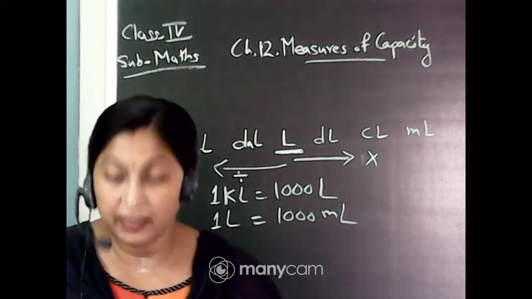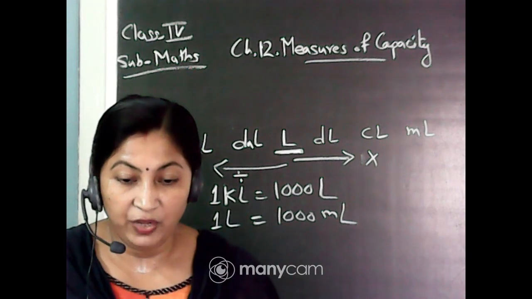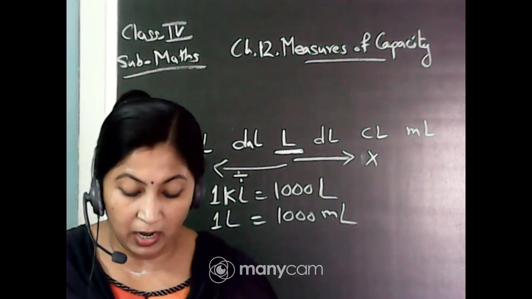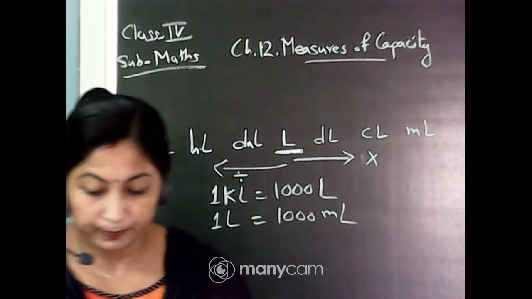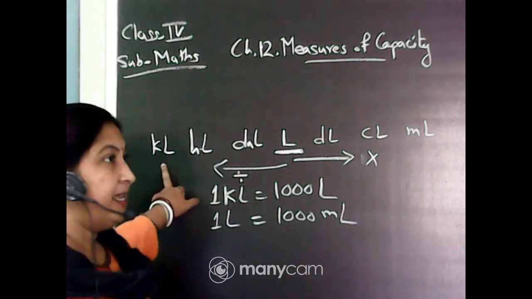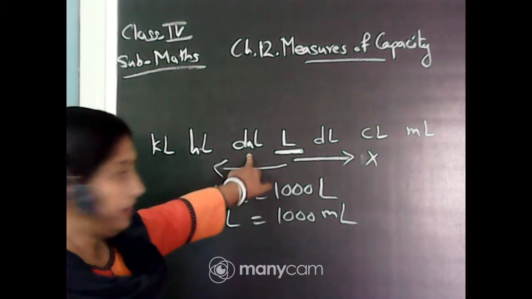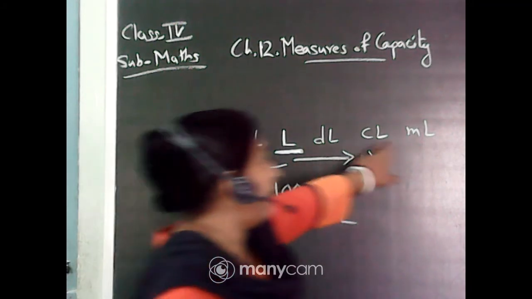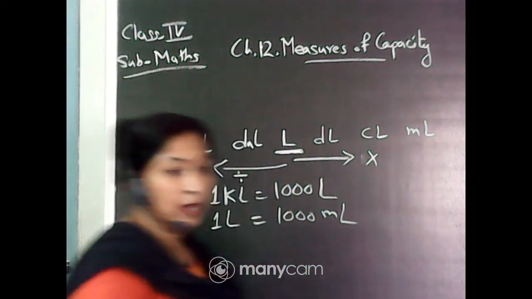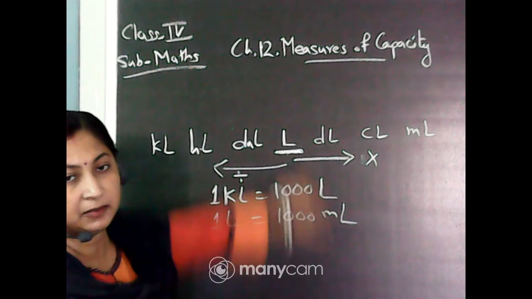I think you have remembered that in class 3, I have told you how to memorize this. Remember, how to memorize this? King Henry died, then Miss Mary did not cry much. Now Miss Mary, in place of meter given, now it will be liter.